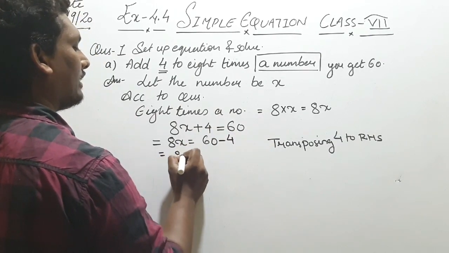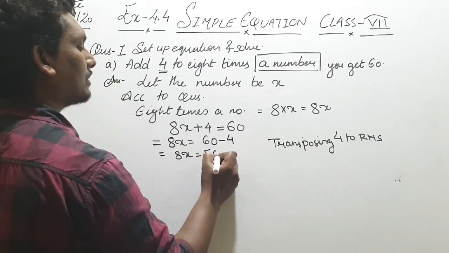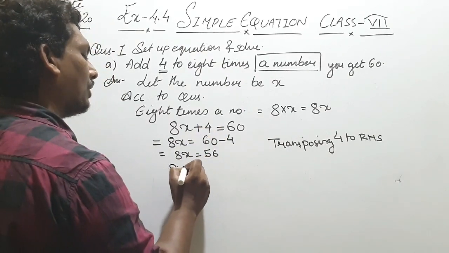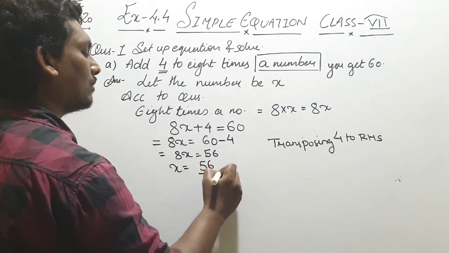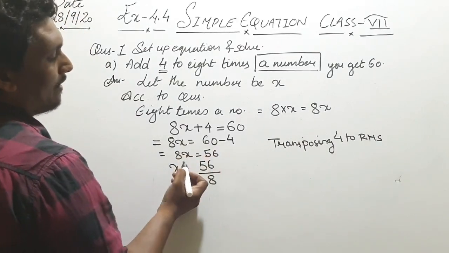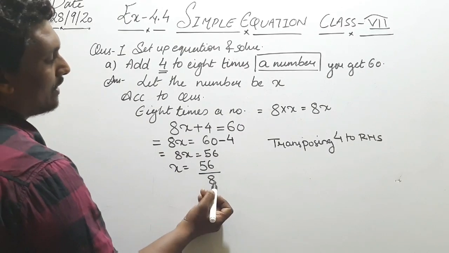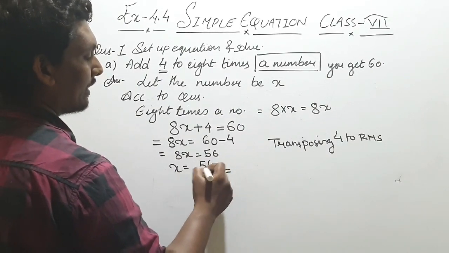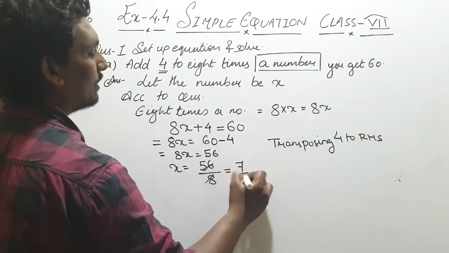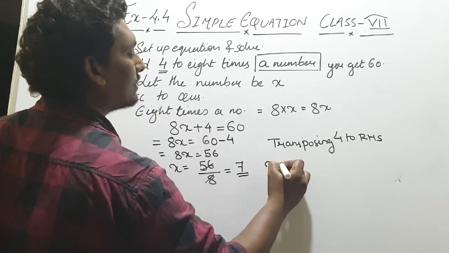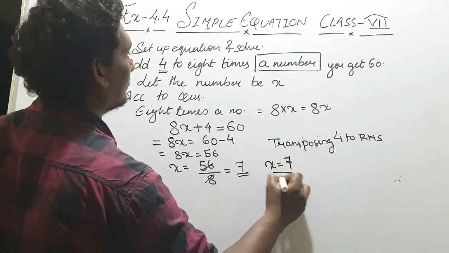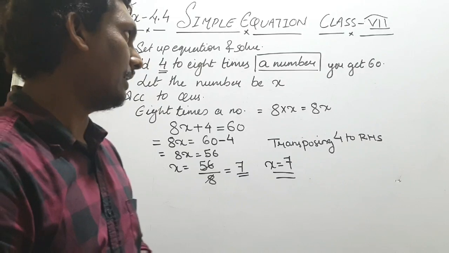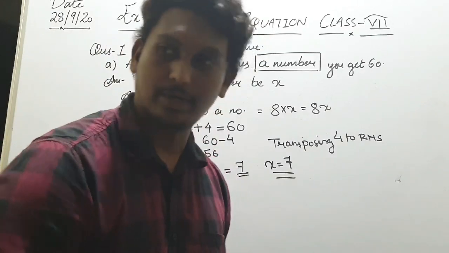So 8x is equal to what? 56. So we have to find the value of the unknown number, that is x. So x is equal to, just divide this. Here multiplication is there, so we have to do the division. Cancel the number, you will get 7. So the value of x is equal to 7. So the number is 7. Just go through it.